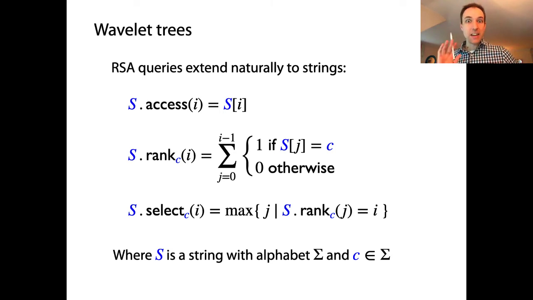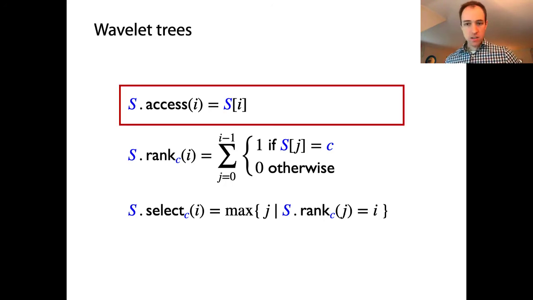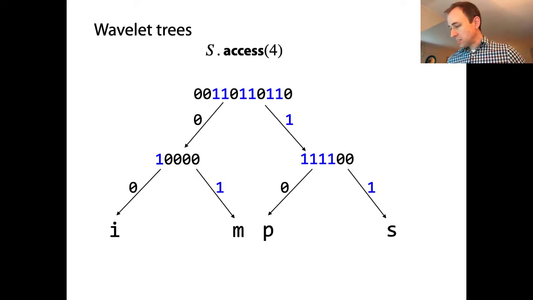So let's see how to actually answer these queries using the wavelet tree data structure. Let's start with access. That is usually a fairly easy thing to do. Here it's going to have some subtlety. Let's start with an example. We know that the string is Mississippi. I haven't drawn it here, but the string is Mississippi.